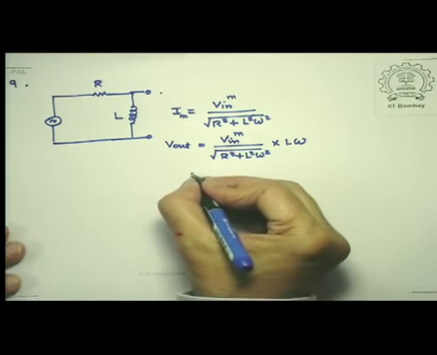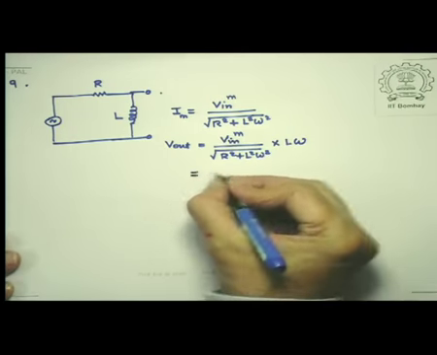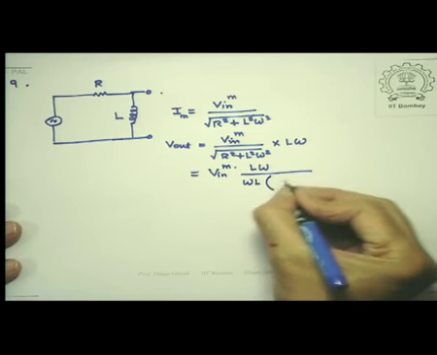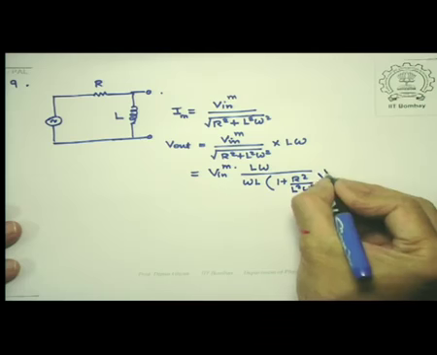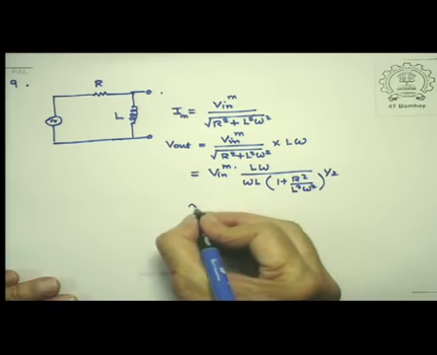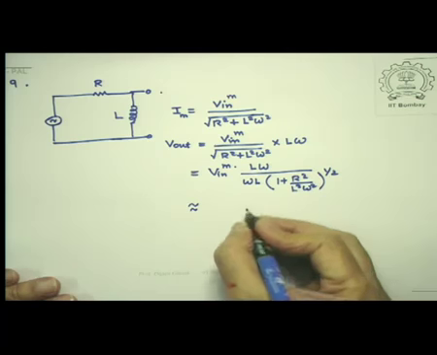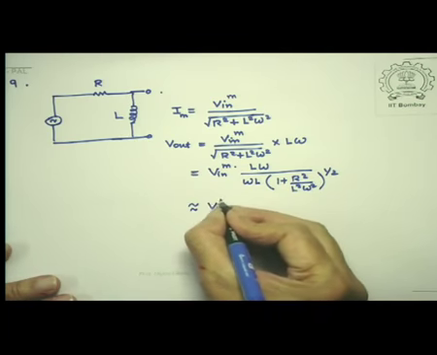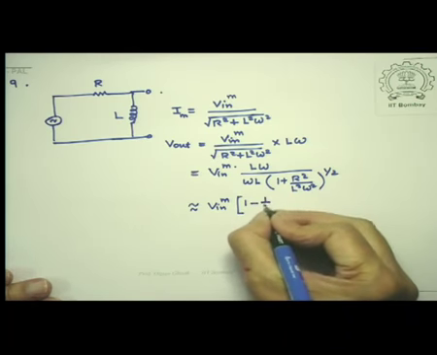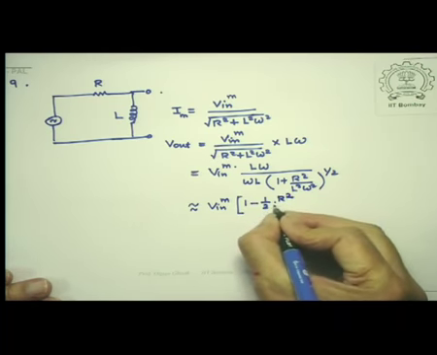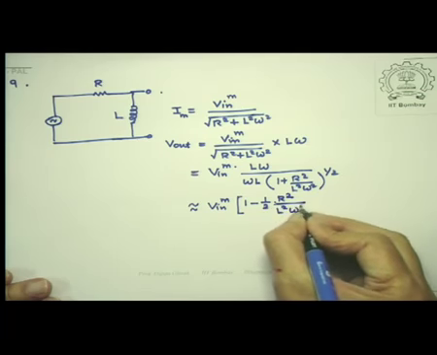And if my L omega becomes large, this gives me V in maximum L omega divided by, let's expand this binomial, omega L into 1 plus R squared by L squared omega squared to the power half, and that's approximately equal to, L omega and L omega will cancel out, you will be left with V in maximum into 1 minus half R squared by L squared omega squared.